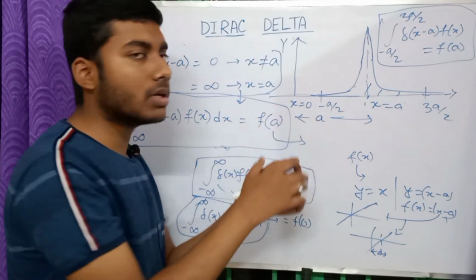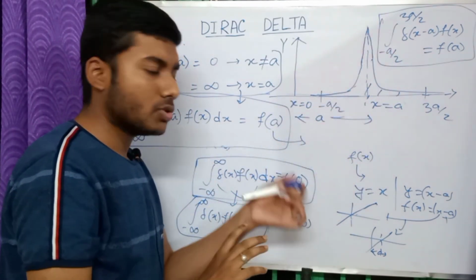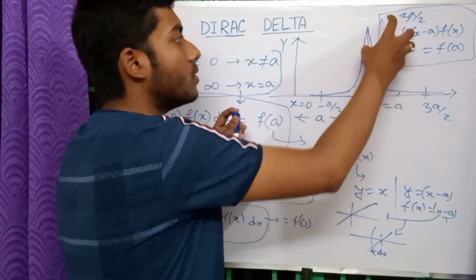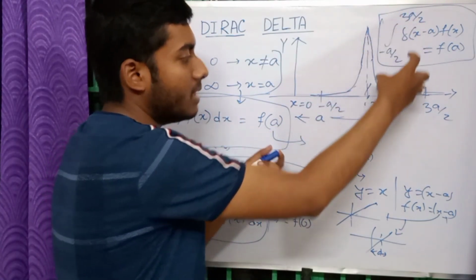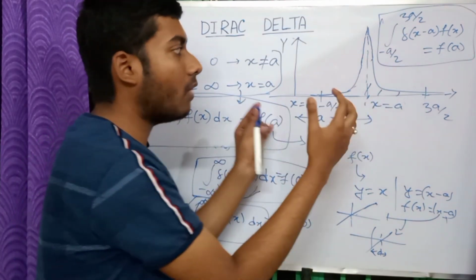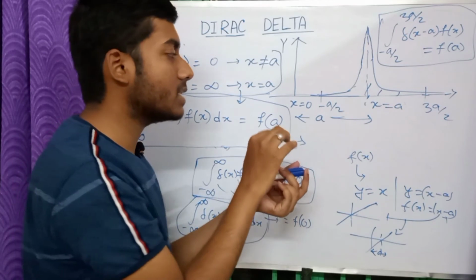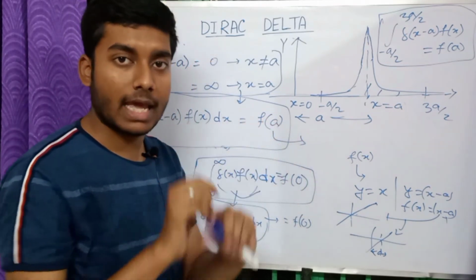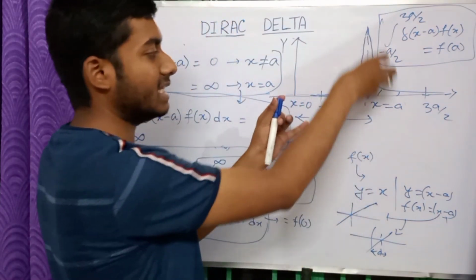So all the contribution is coming from the region x equals a. So we have to give the limit to cover only the Dirac delta function. This has to be our main aim. We have to cover the Dirac delta function region.